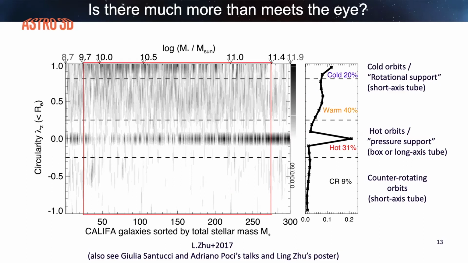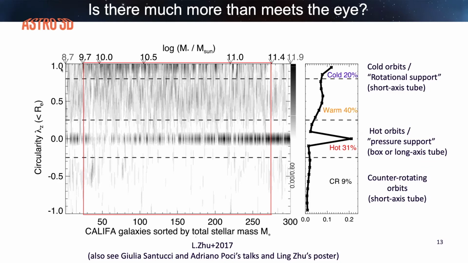And so here, this is echoing some of what Adriano Porci showed in his talk. This is a paper by Ling Zhu in 2017, on the CALIFA galaxies and Schwarzschild dynamical modeling of the CALIFA galaxies. And here they're ordered as a function of mass, with the lowest mass on the left and the highest mass on the right.